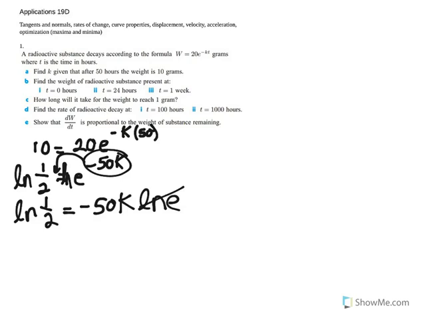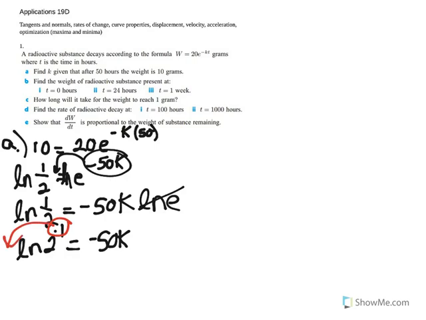Now I need to solve for my K value. A couple of things just note-wise for simplification, especially because we're going to use part A here for later on. Natural log of 1/2 is exactly the same thing as the natural log of 2 to the negative first, which equals negative 50K. And then since there's an exponent on that argument, that exponent can come down in front and is attached by multiplication.